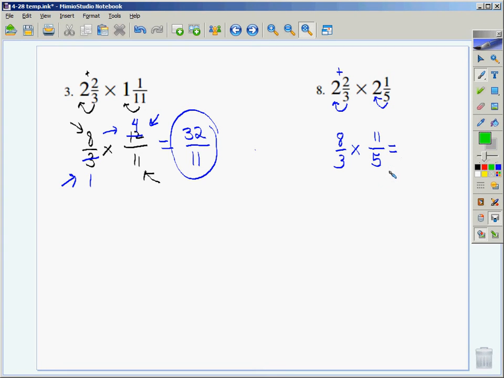Is there anything this time between the 8 and the 5? No. Between 3 and 11? It is possible that nothing will cross cancel. If nothing cross cancels, just multiply. 8 times 11? 88. 3 times 5. If nothing would cross cancel, this will be simplified.